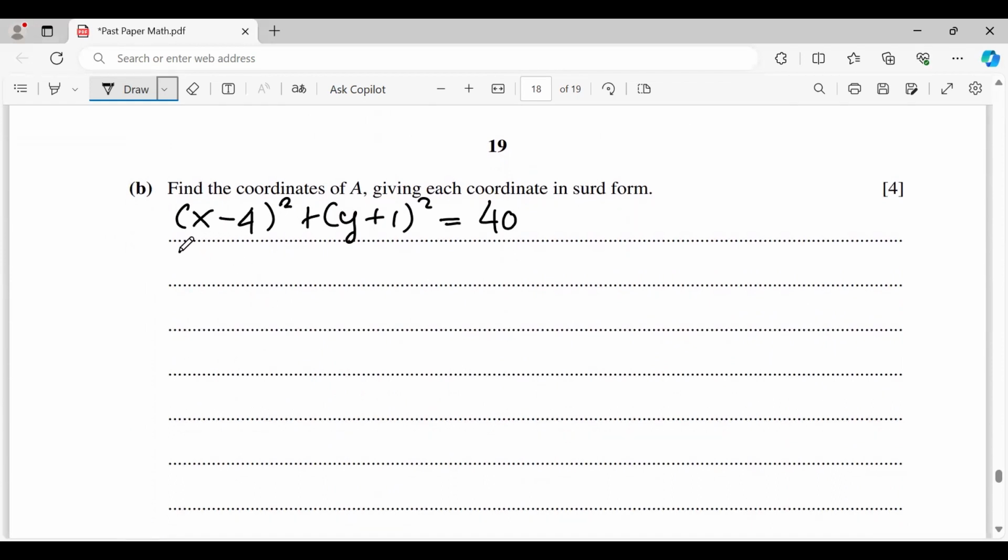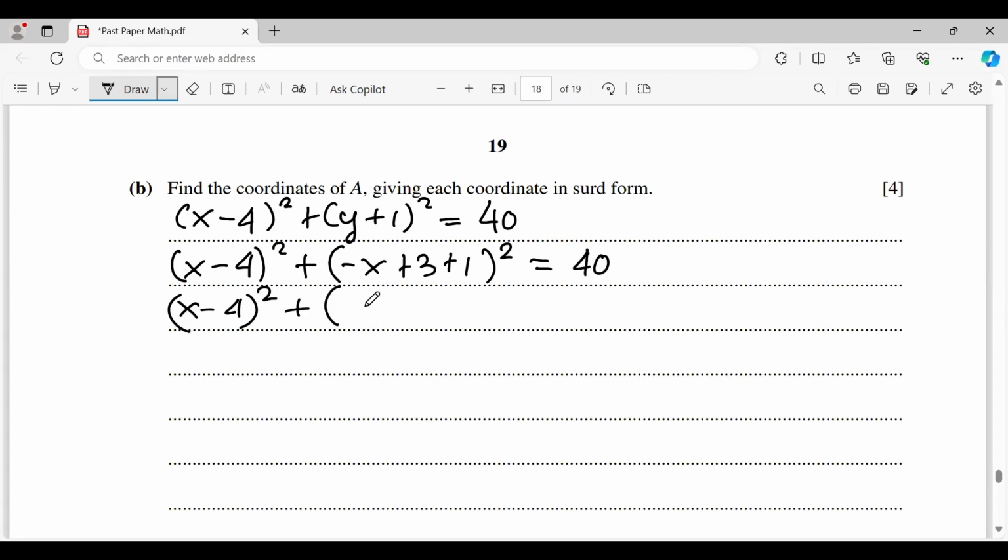So this equation becomes x minus 4 squared plus minus x plus 3 plus 1 squared equals 40. Becomes x minus 4 squared plus 4 minus x squared equals 40. Now we are going to expand.